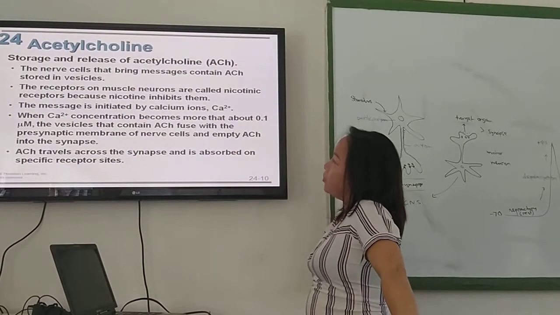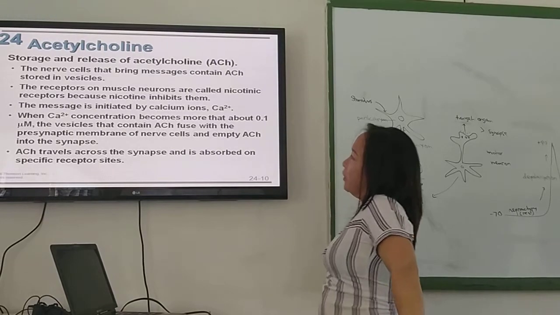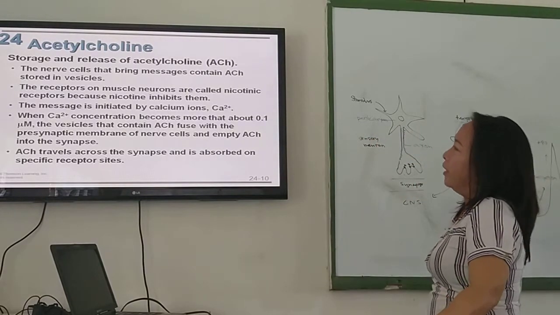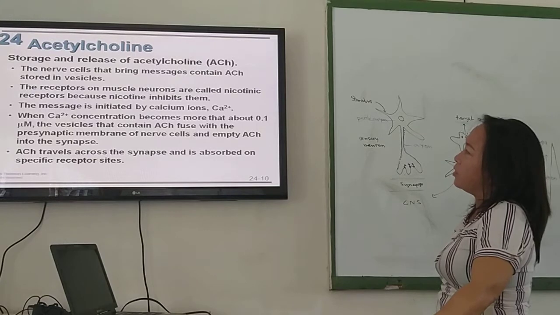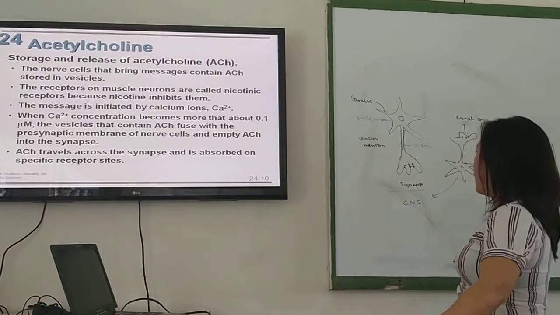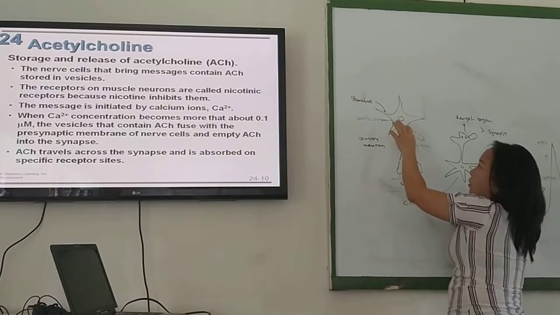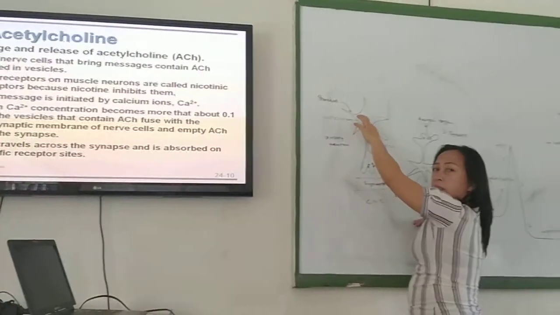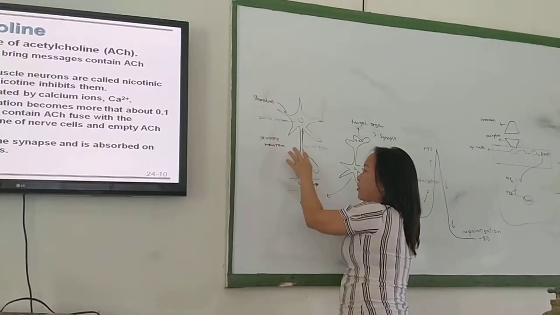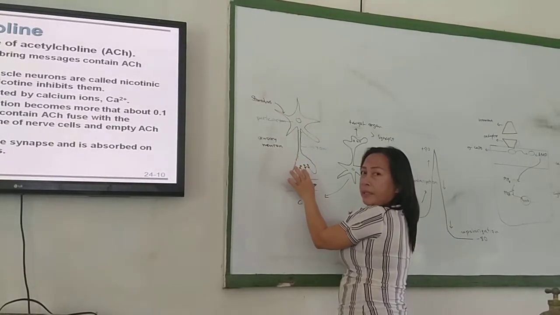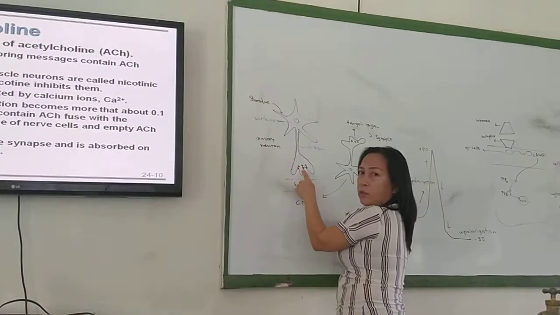Now, storage and release of acetylcholine. The nerve cells that bring messages contain ACh stored in vesicles. Acetylcholine is synthesized in the cell body and is brought by the vesicles to the synaptic cleft. So acetylcholine is there.